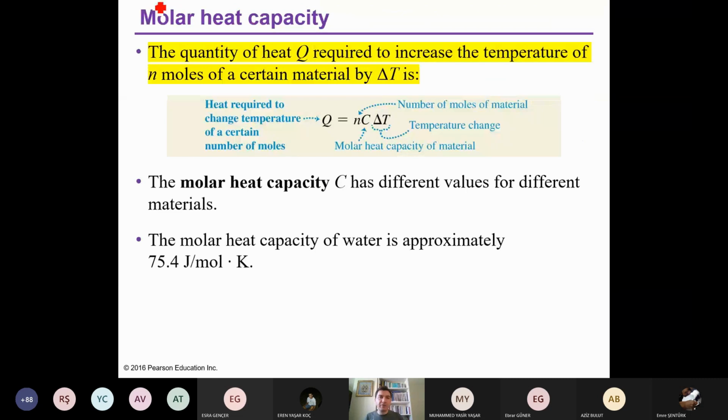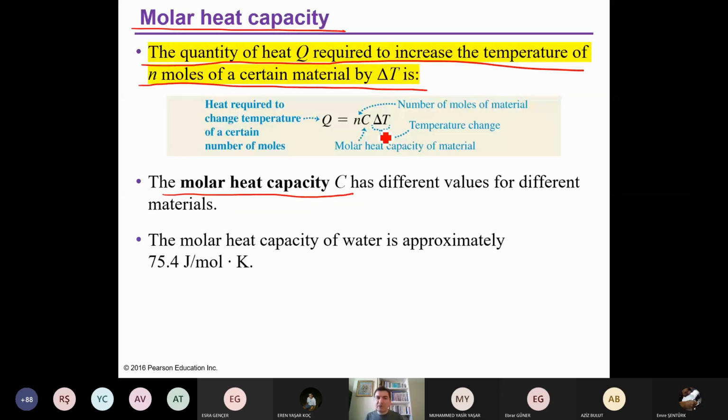Let's talk about the molar heat capacity. It is the quantity of heat required to increase the temperature of n moles of a certain material by delta T. So I have a material and it has molar heat capacity C, and I would like to increase its temperature, okay?